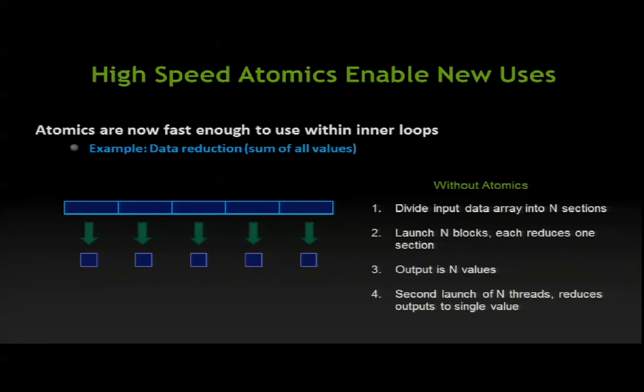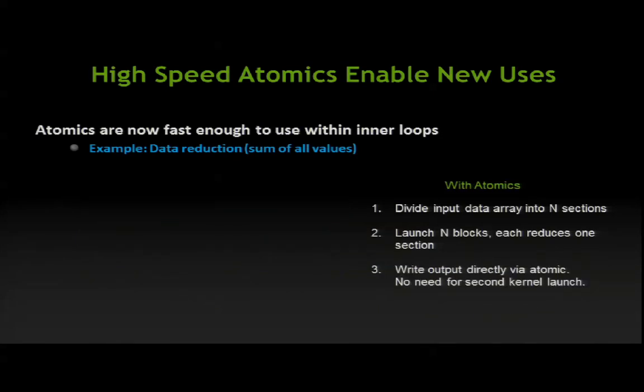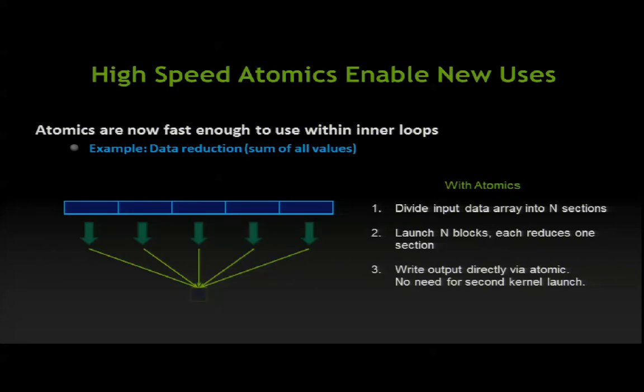And then you would have to launch a new kernel that would reduce all these partial sums into the final result. With atomics, you can save yourself this two-step process. And basically, each thread block computes its local partial sum and then does an atomic update in global memory.